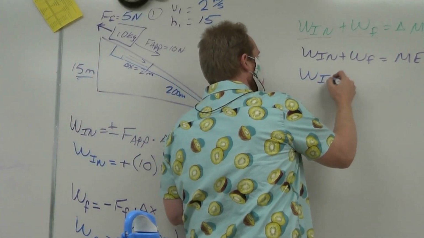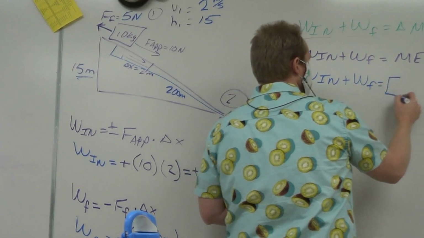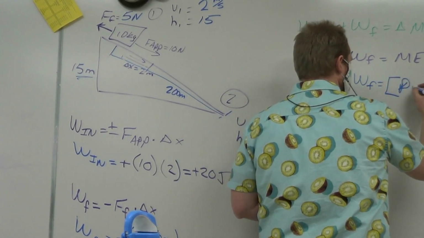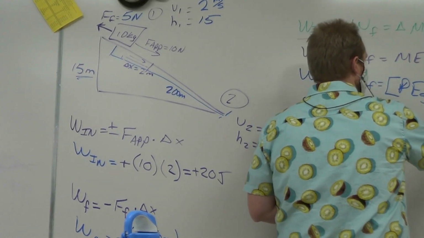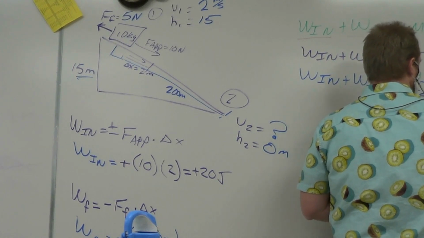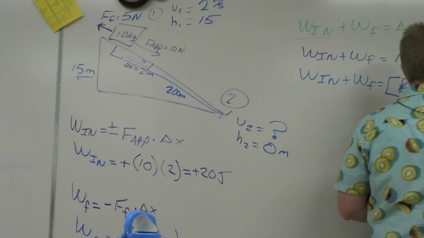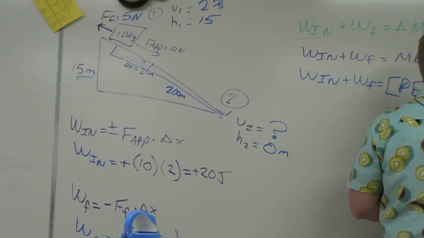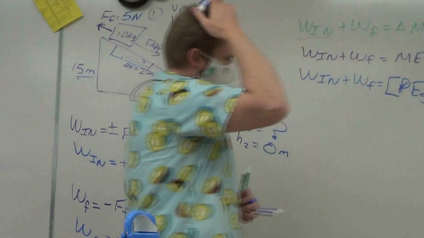Before I plug in any numbers, I would really encourage you to fully expand this equation because I feel by doing so, it forces you to think about all of the energies, and it forces you to ask yourselves the questions that I tried to teach you last.